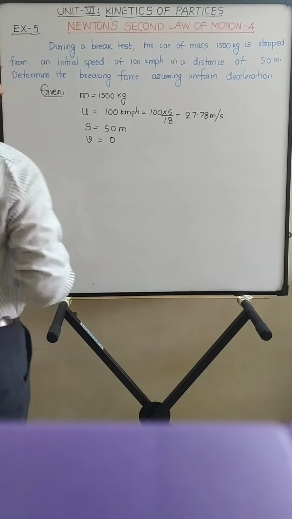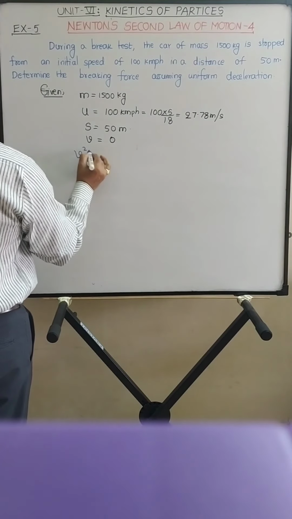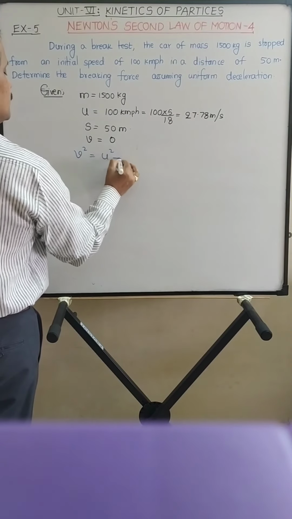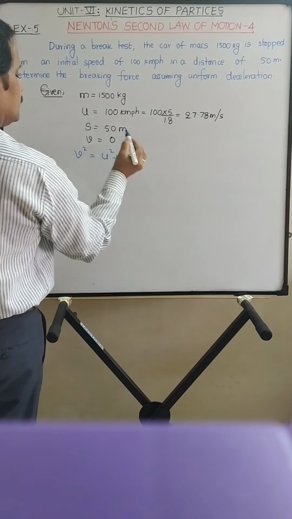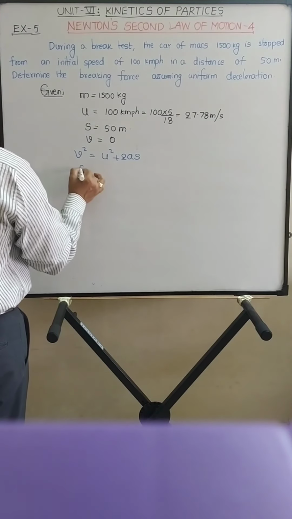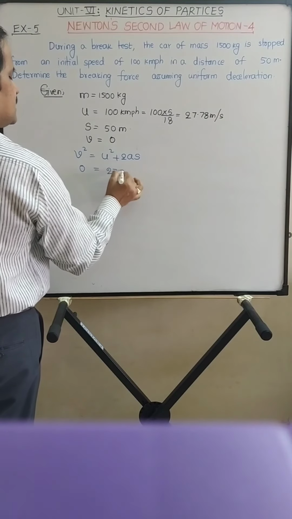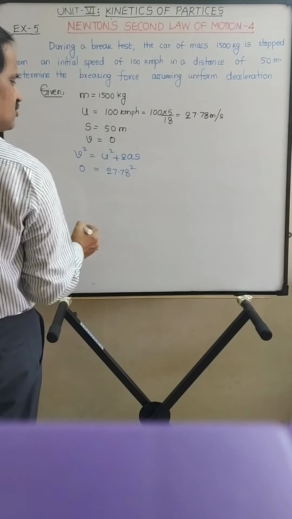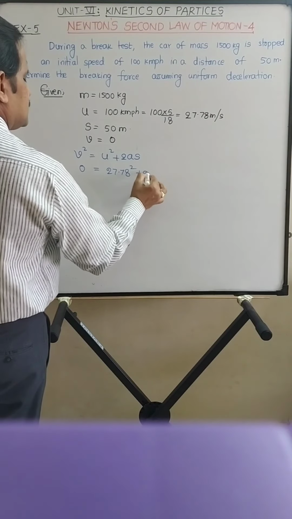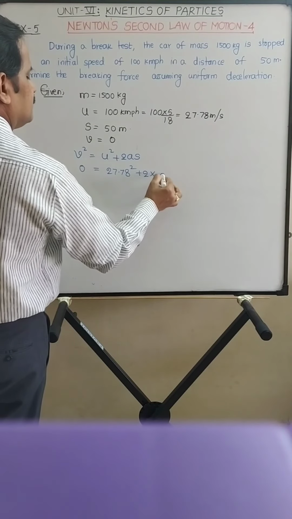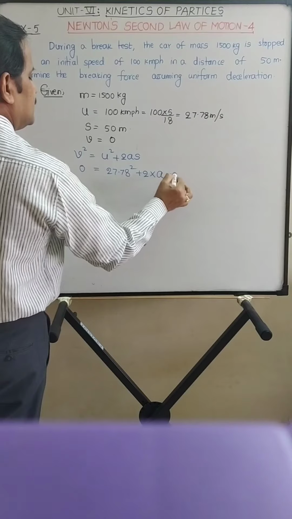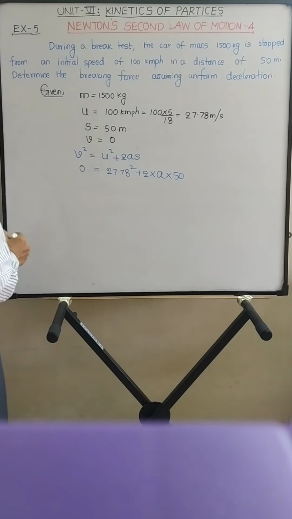So, using the equation of motion, v square is equal to u square plus 2as. Final velocity, that is speed, is 0. Initial velocity is 27.78 square plus 2 into a into distance 50.